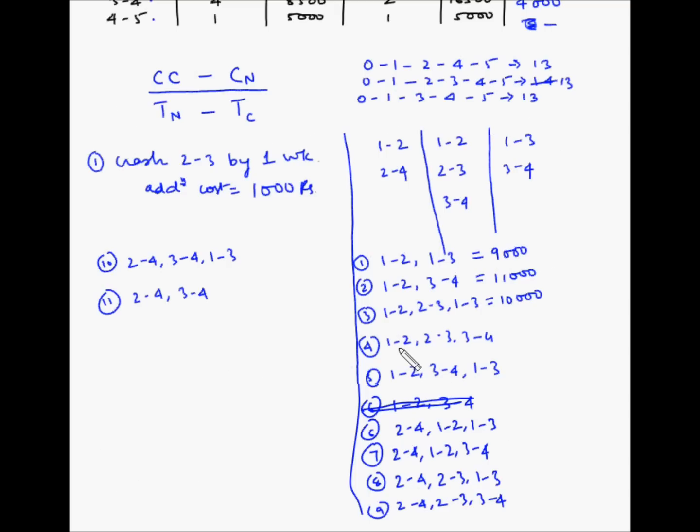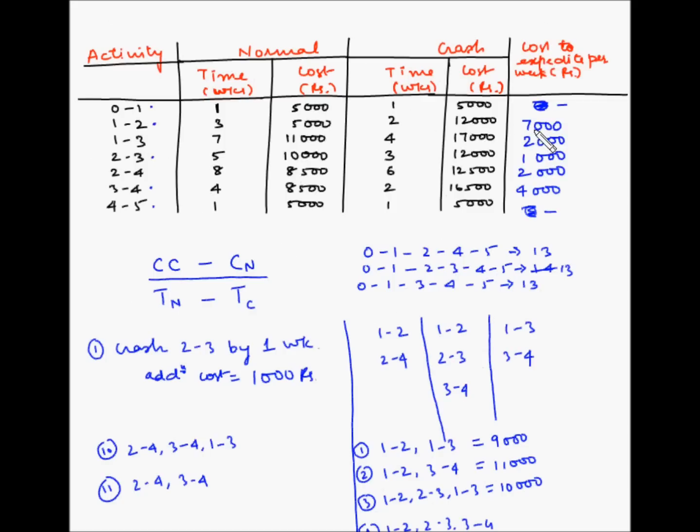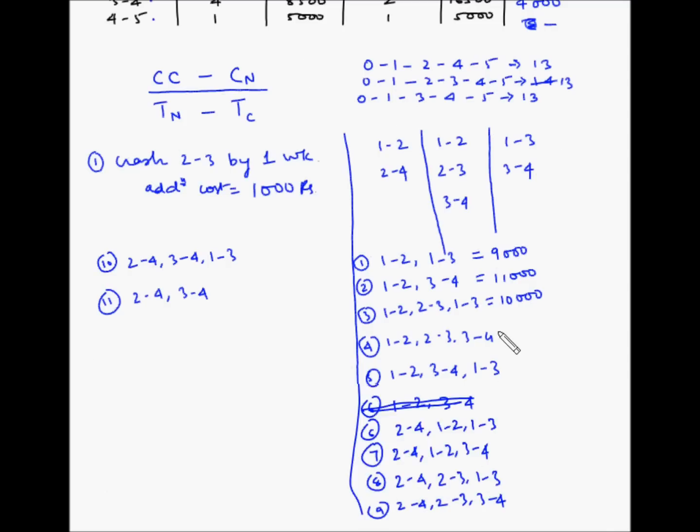Now next is 1-2, 2-3, 3-4. So 1-2 is 7,000, 2-3 is 1,000, so this is 8,000, and next is 3-4, which is 4,000, so this makes 8 plus 4, 12,000.